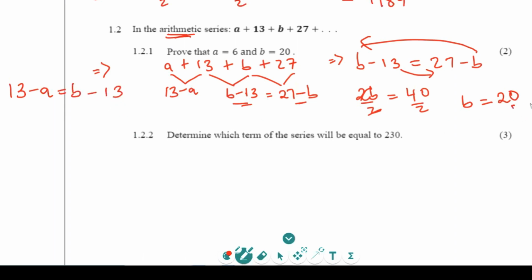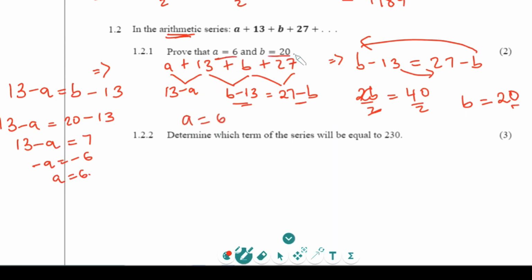But my b is 20, so 13 minus a is 20 minus 13. Then 13 minus a is just 7. Then I'll transpose the 13 to that side. Negative a is equal to negative 6, which means a is 6. So our a is 6, and our b is 20.